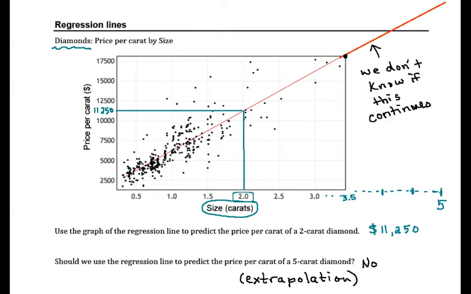But wild extrapolation, like going all the way out to 5, we should not. It may well be that, in fact, the price per carat starts to increase at a faster than linear rate as you get out there. Or it could be that it starts to taper off because nobody has that kind of money, right? It's really anyone's best guess.